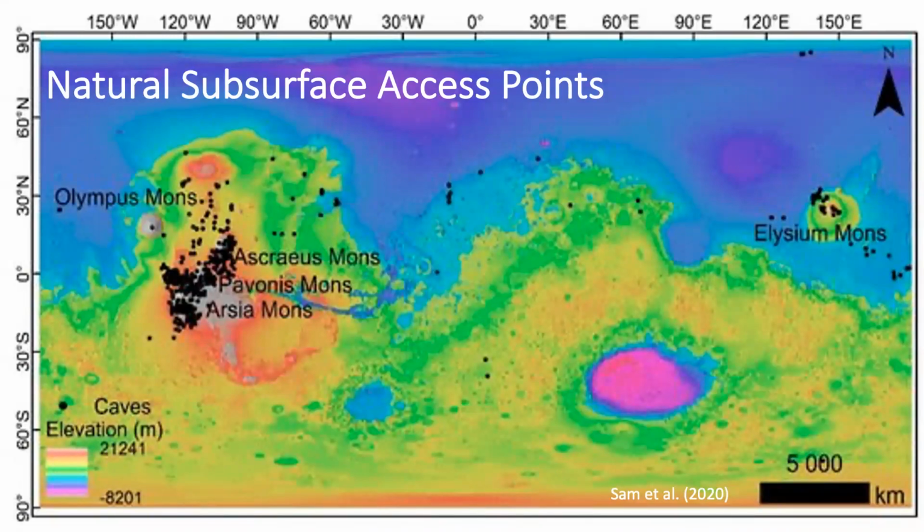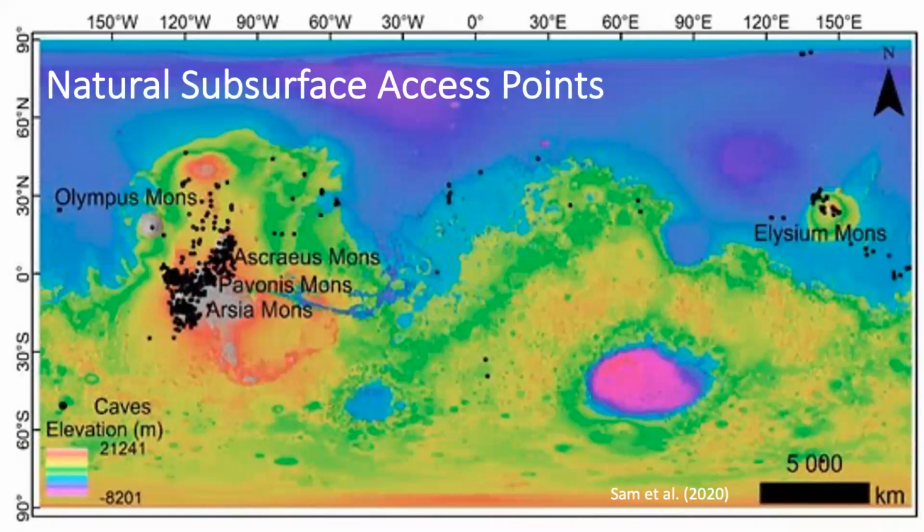You can also take advantage of natural subsurface access points. So all the black dots that you see on this map of Mars are subsurface access points that have been identified in what's called the Mars Global Cave Candidate Catalog that Glenn Cushing put together and that has been built on since then.